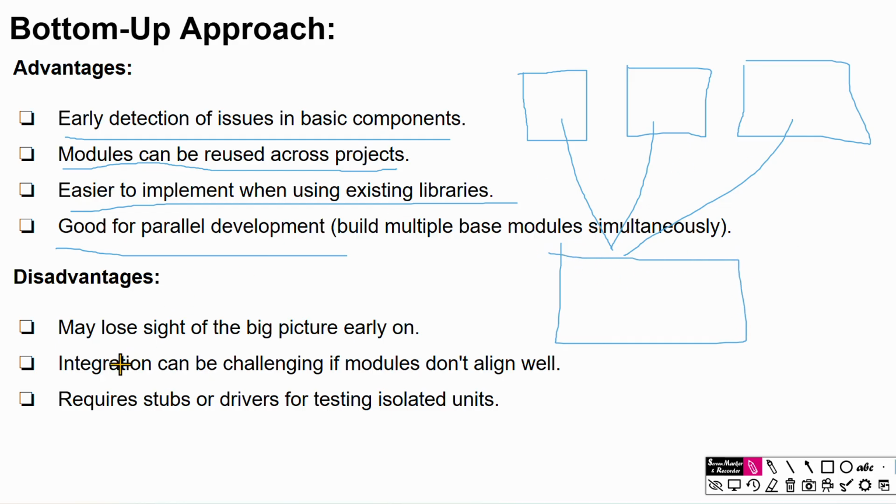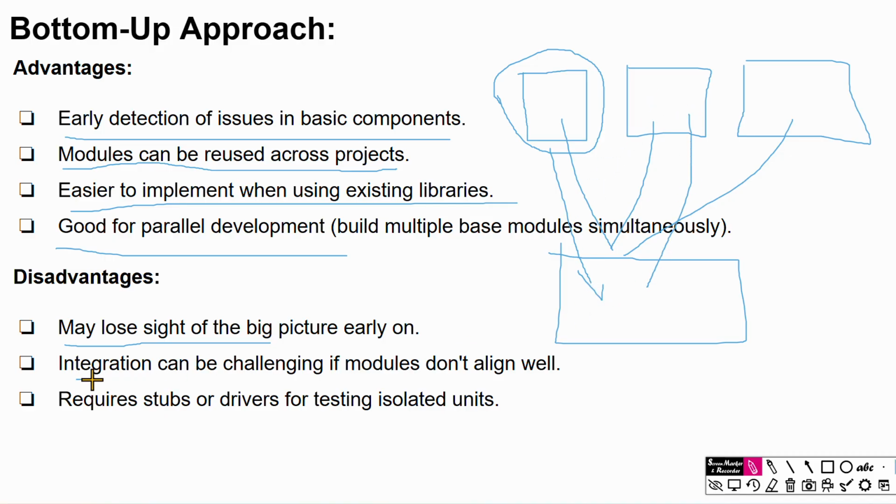Because we don't know what the main output or main function is, we write individual programs. If these individual programs' intention does not meet our main program, then it is a drawback.